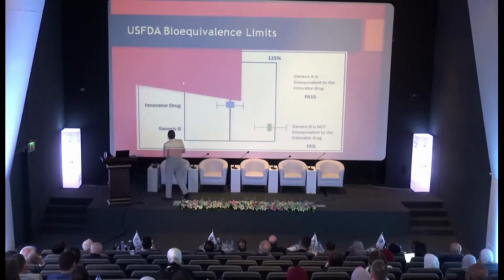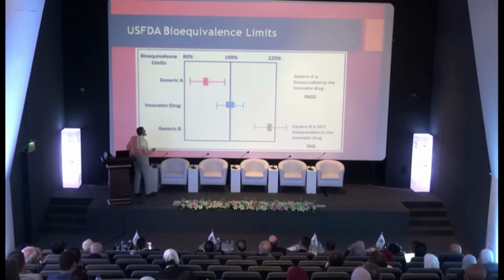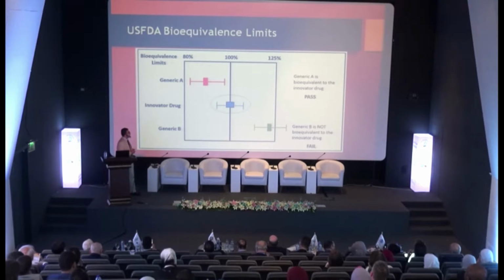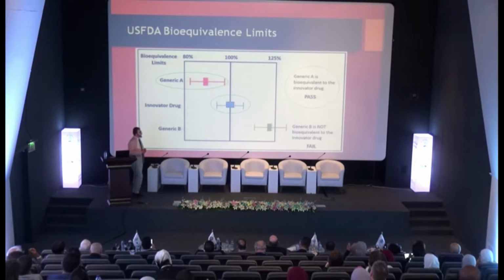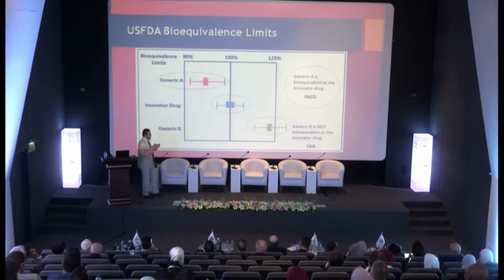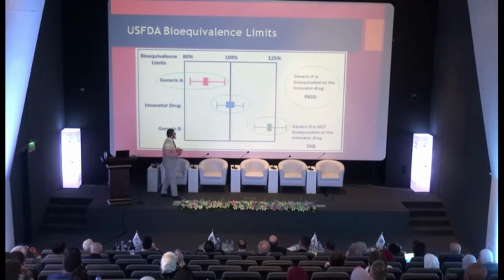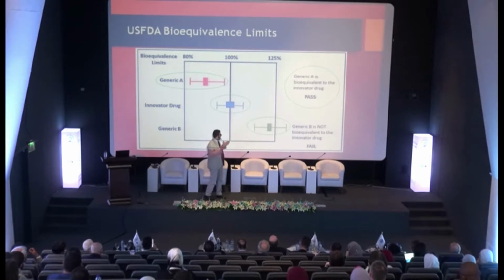The FDA bioequivalence limits, which are also applied in Saudi Arabia to the best of my knowledge, require the AUC and Cmax to fall between 85% and 125% within a 90% confidence interval.